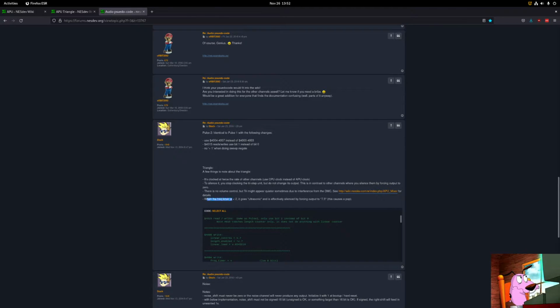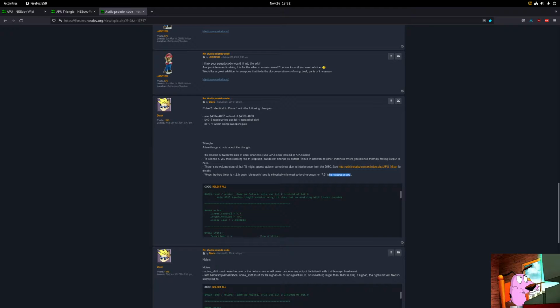When the frequency timer is less than 2, it goes ultrasonic and is effectively silenced by forcing output to 7.5. This causes a pop. $4015 read/write. Same as pulse, only uses bit 2 instead of 0.